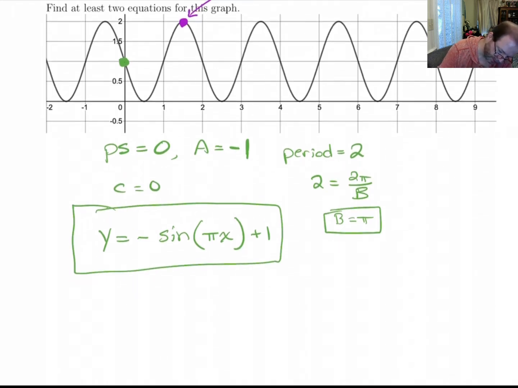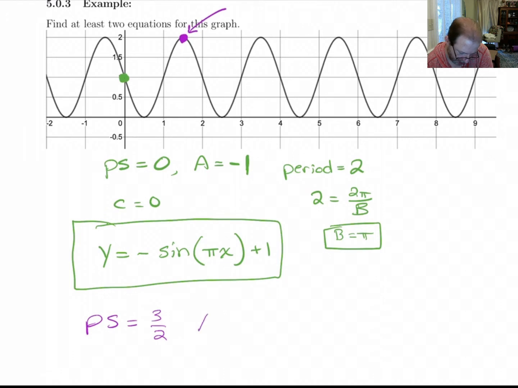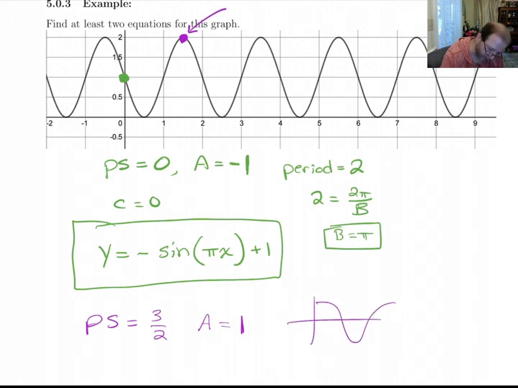If we start at that purple point, the phase shift in that case is going to be 1.5. The amplitude is still 1. If we start there, we're starting at the top. So A is going to be +1 because cosine starts at the top.